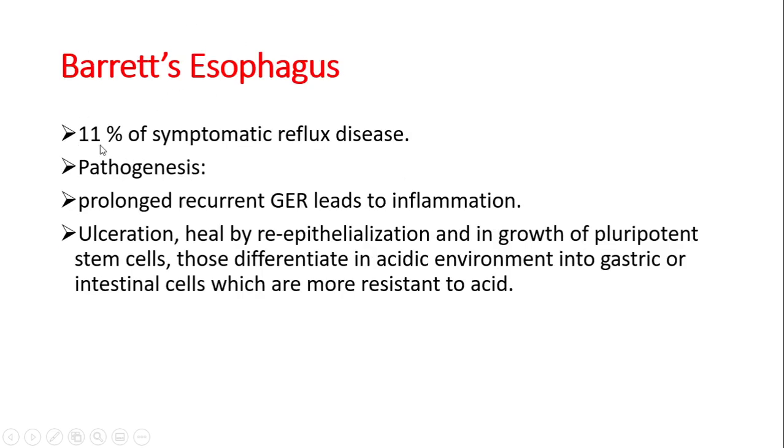Barrett's esophagus again occurs in about 11% of symptomatic patients with reflux disease. Again, the pathogenesis is prolonged, long-standing recurrent gastroesophageal reflux resulting in inflammation, ulcerations, reepithelialization, repair process, and growth of the pluripotential stem cells.